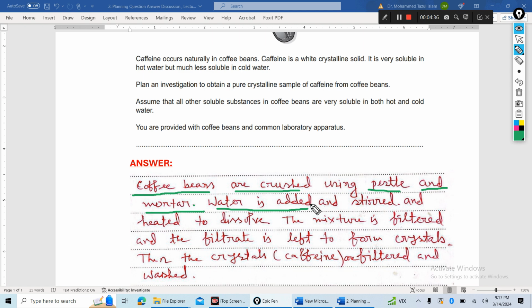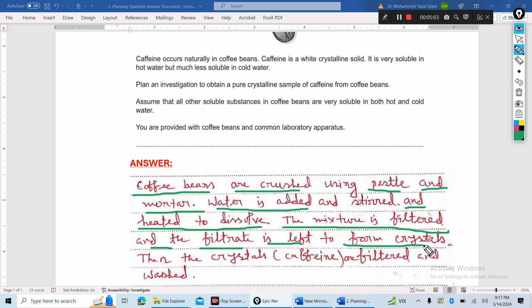Caffeine will dissolve and other substances will dissolve, but solid impurities will not dissolve, and you will also give heat to dissolve. Then the mixture is filtered to remove solid impurities and the filtrate is left to form crystals.